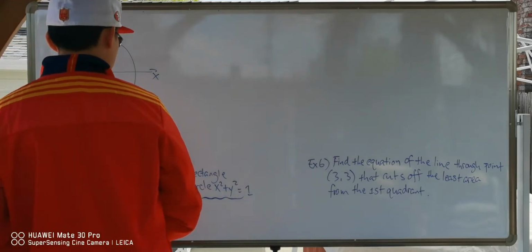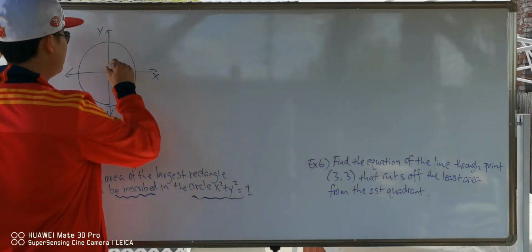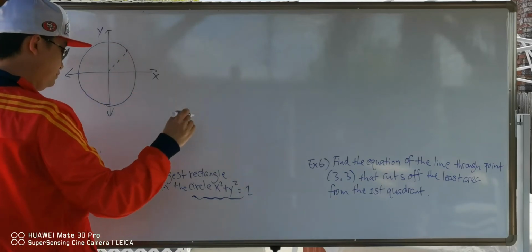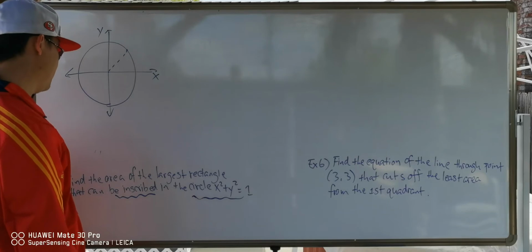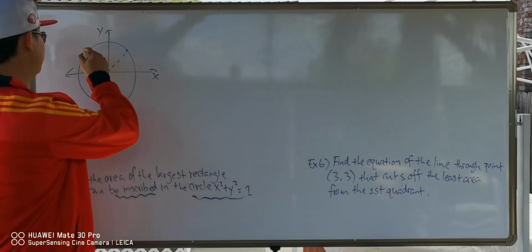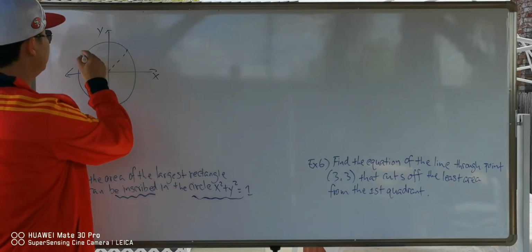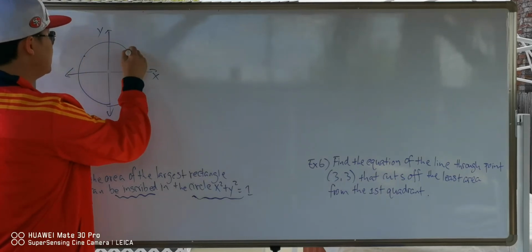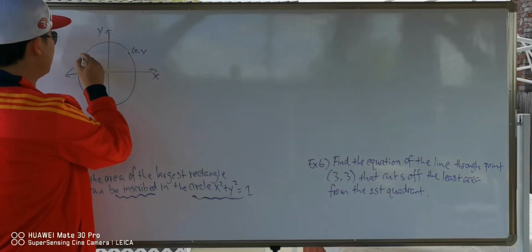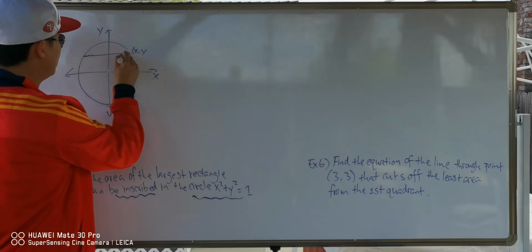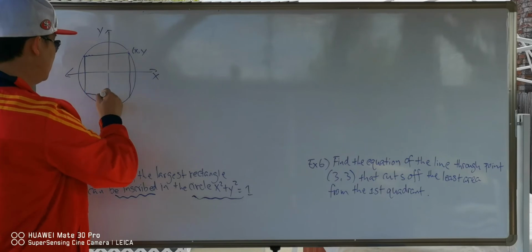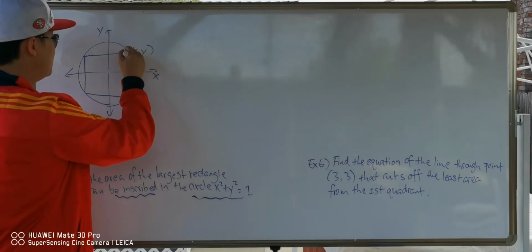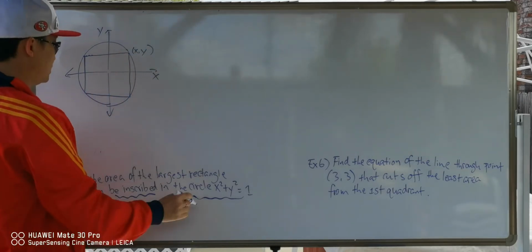So it's a circle with radius 1. Okay, so now there's an inscribed rectangle. Let's say the point right here is x comma y, like that.